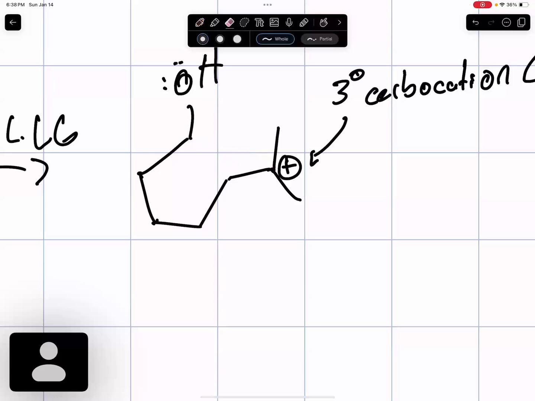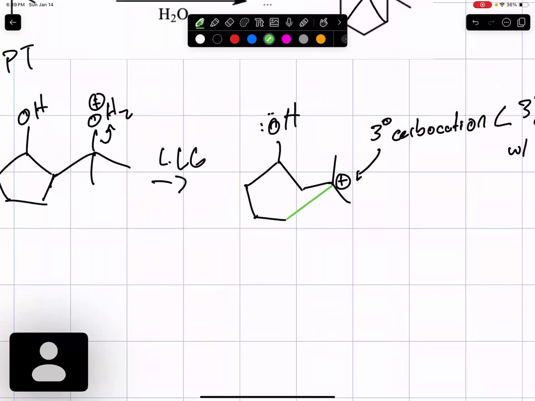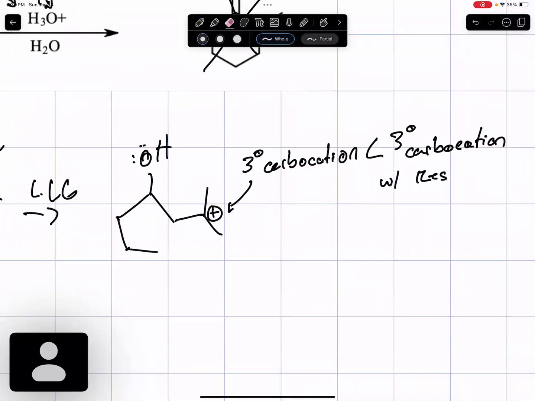Or are we breaking the bond in green and reforming it here? You see, this is the problem because I drew this incorrectly. So this is making this tertiary carbocation to tertiary carbocation with resonance a little bit harder because what we're forming is a secondary. Either way, we're forming a secondary.